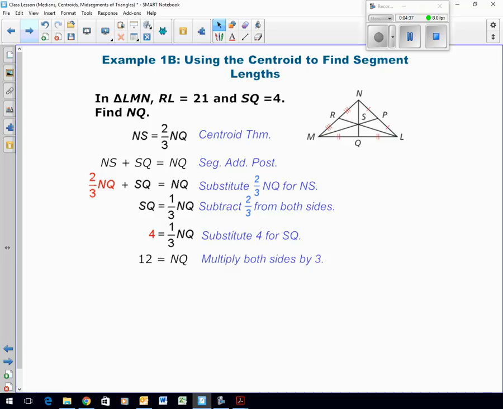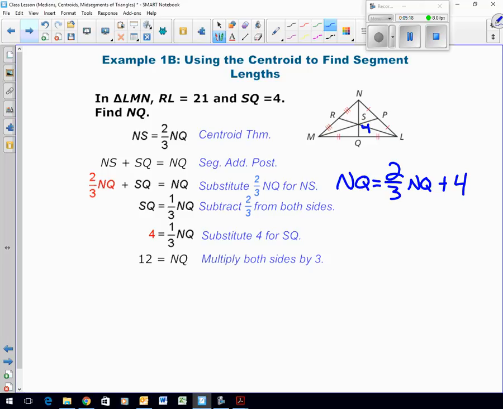Look at this example. This one's harder, the tougher one. S to Q is 4. I want to find the total distance N to Q. Well, the whole thing N to Q is broken up like this. N to S is 2/3 of the total distance from N to Q. So my total distance from N to Q equals 2/3 the distance N to Q plus 4.